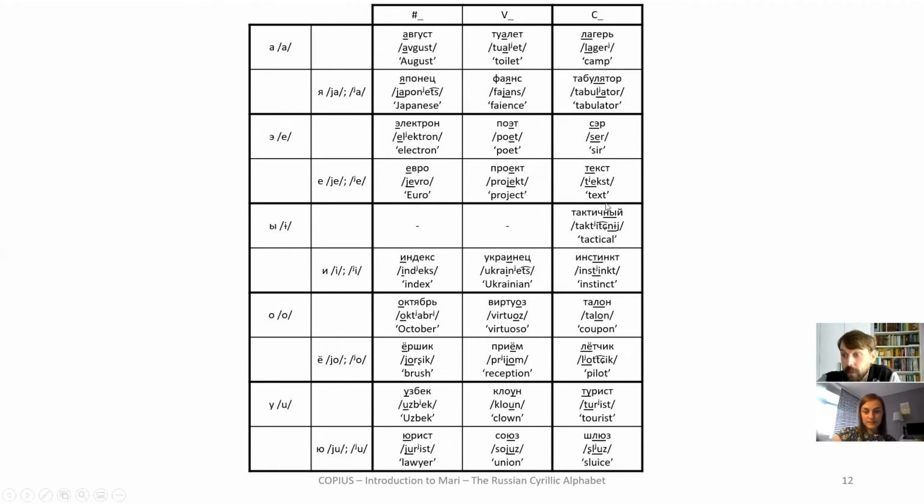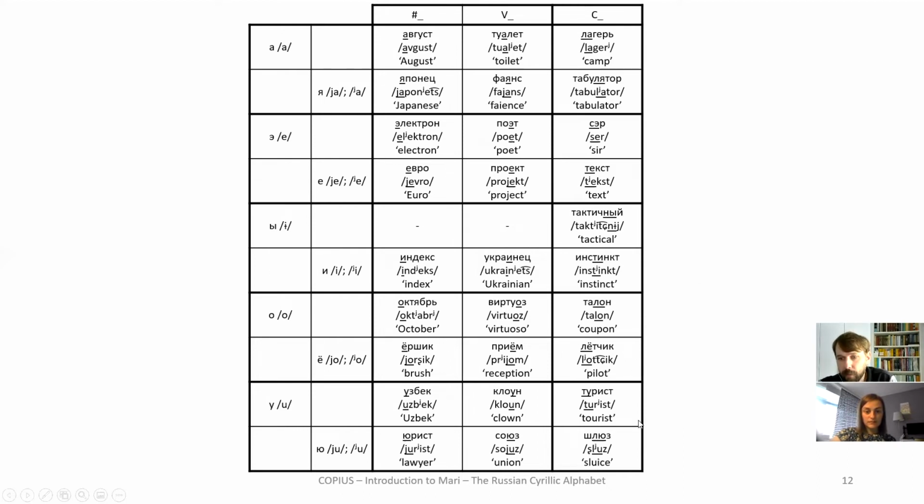Okay, but here you see now that after a consonant, the choice of vowel sign can indicate if a consonant will be palatalized or not by picking the appropriate vowel sign to follow it.